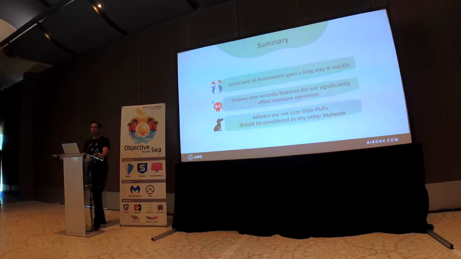It did change the behaviors a bit. They have to adapt a little bit, but they did it really, really fast, as we saw in the previous slide. And one thing that I would like to leave you with is these cute little pucks, what we call potentially unwanted applications, that a lot of the security community tends to ignore.